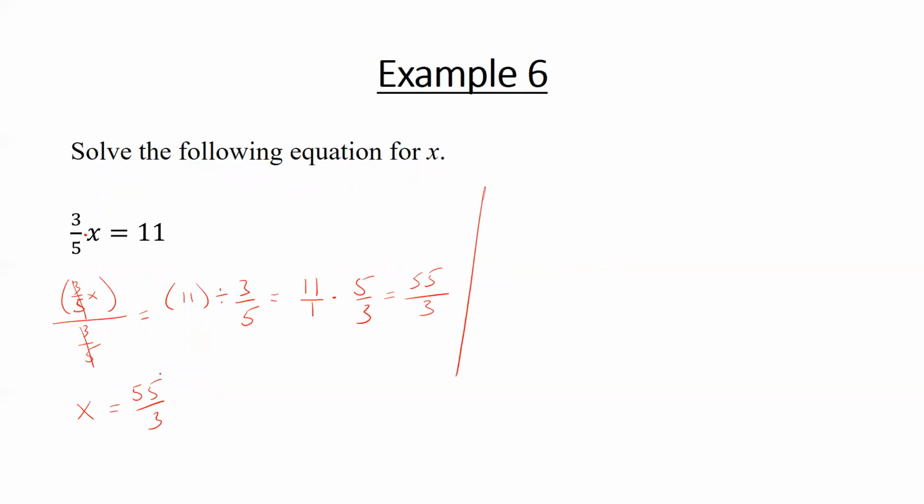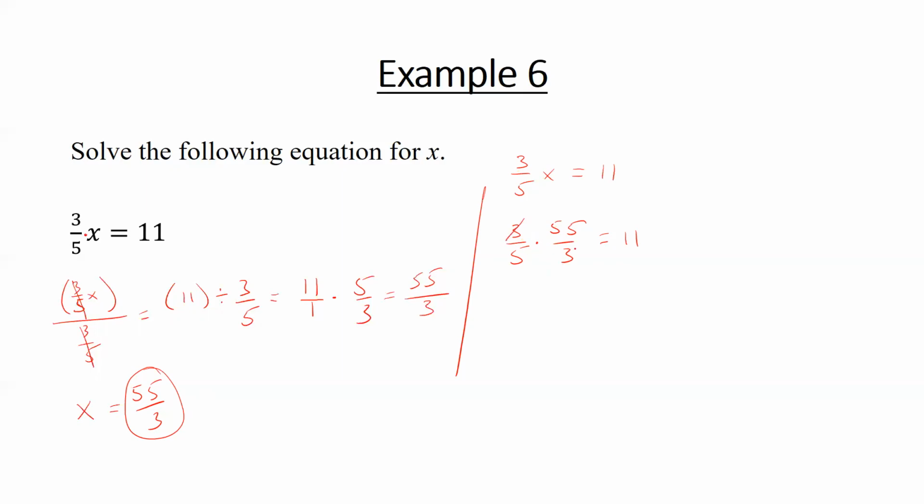And similarly, if I say my answer is 55/3, the equation was 3/5 x equals 11. If I plug 55/3 in for x, I have 3/5 times 55/3. And remember that before multiplying, we want to see if we can reduce the fractions.